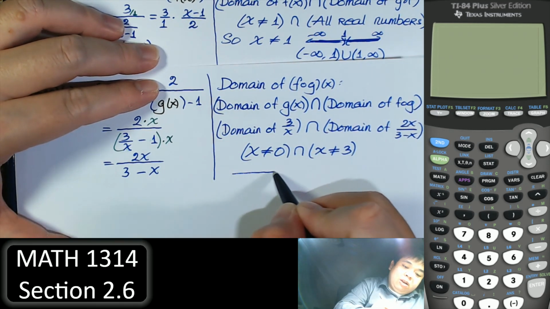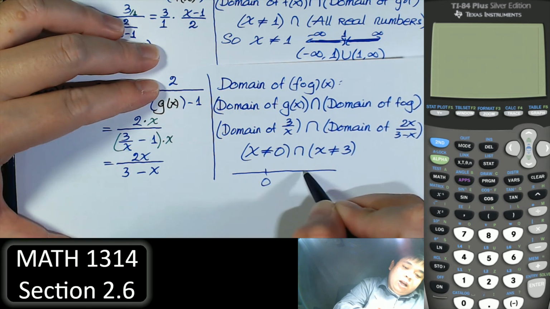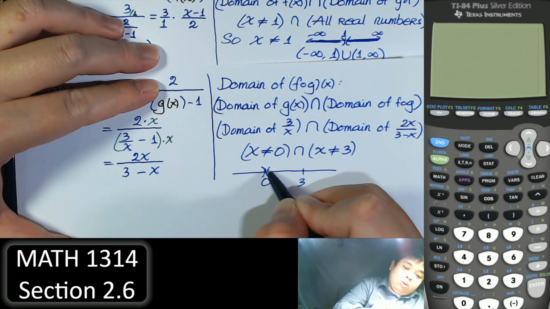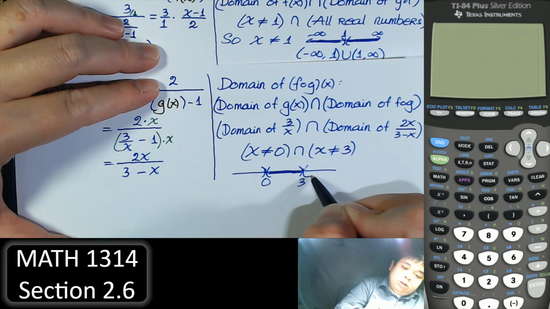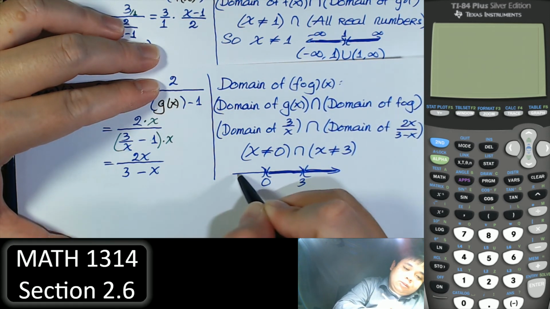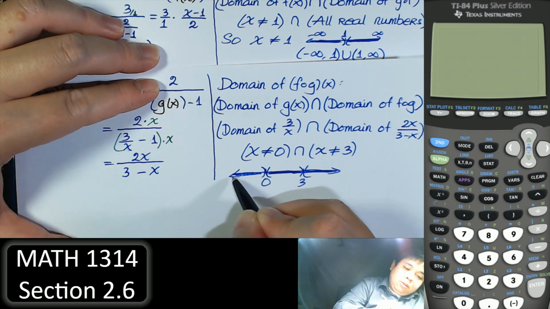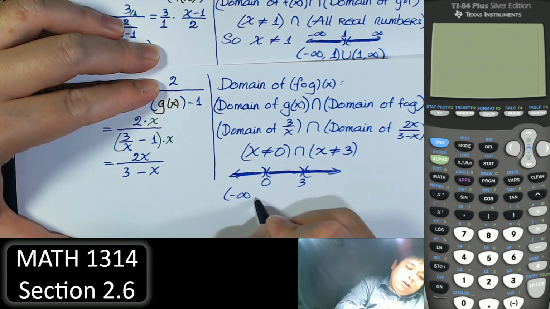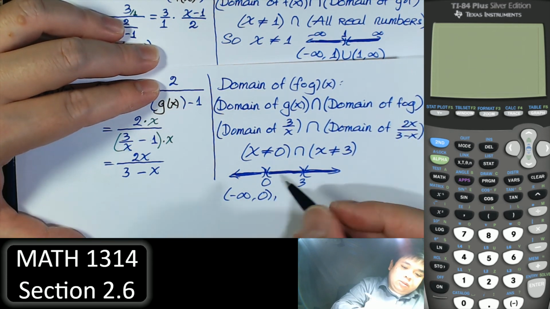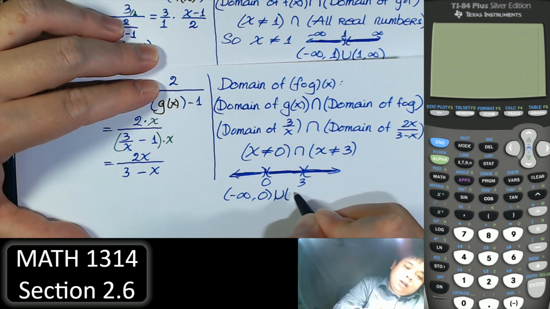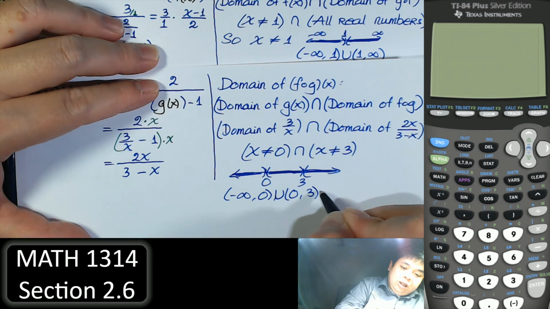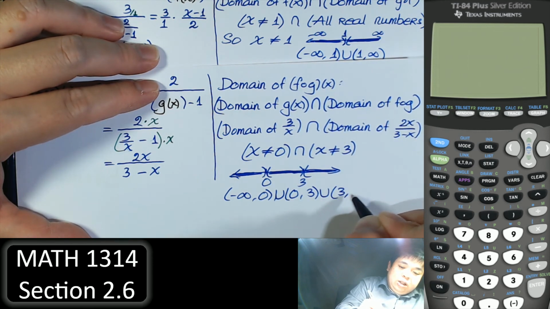Bottom line is we have x not equal to 0 and x not equal to 3, so we can have everything else but those values. So we say negative infinity to 0, union 0 to 3, union 3 to infinity.